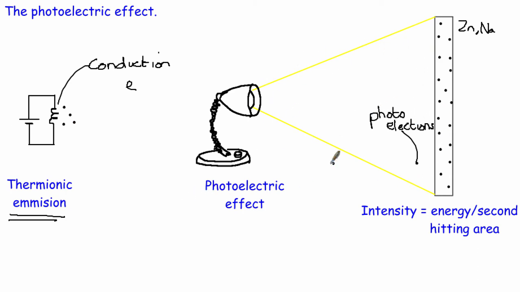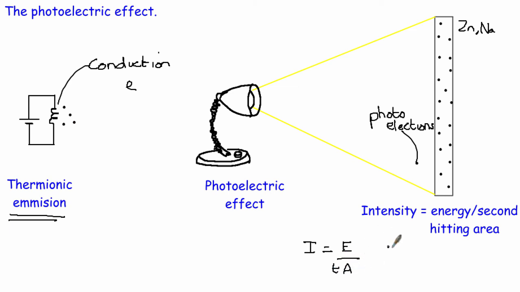Now, when it comes to looking at light, one thing that's really important is the intensity of light. We use intensity for a few different bits and pieces, but it's good to recap it again. Intensity is really the amount of energy per second hitting an area. If we write that as an equation, intensity is equal to the energy per unit time per area.